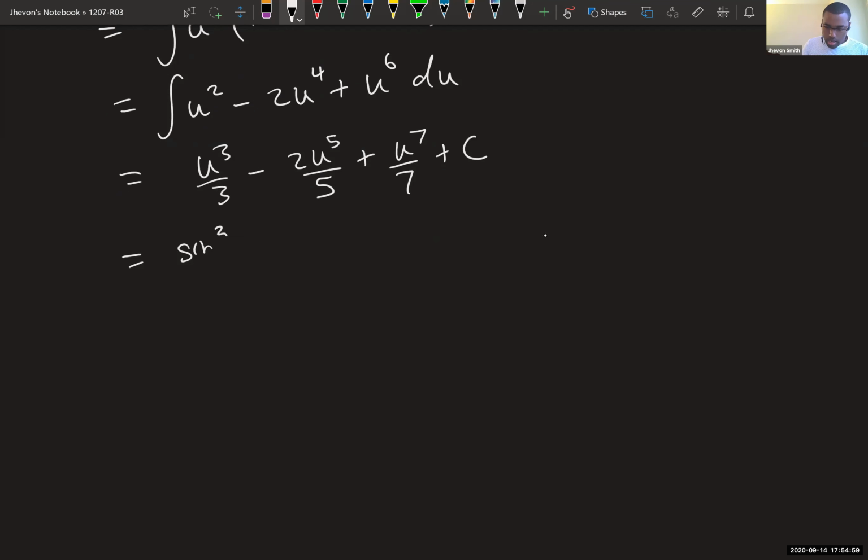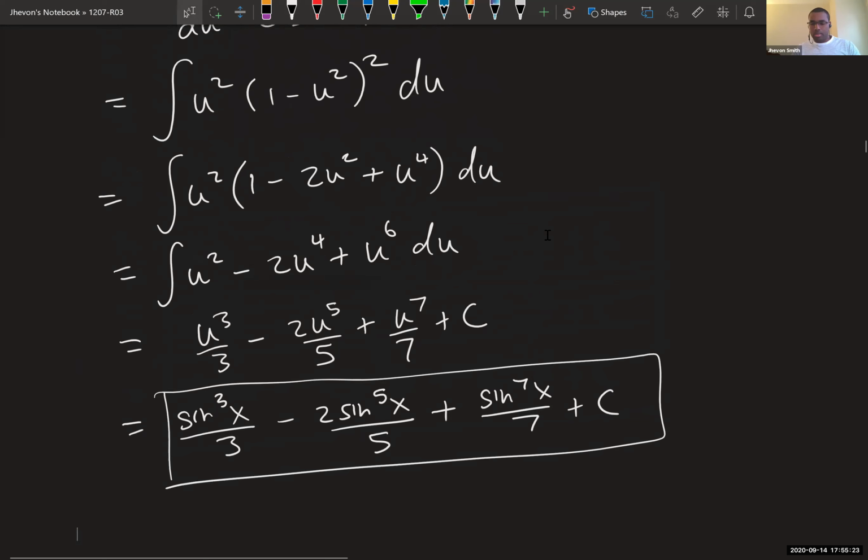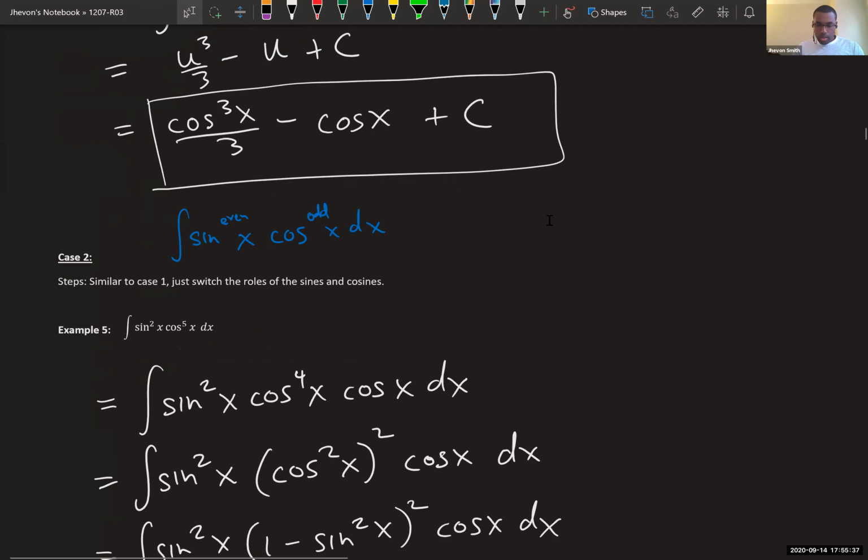So this is sine cubed x minus 2 sine to the 5th x plus sine to the 7th x. And that's the answer. Are we cool? Any questions? Okay, so that's all we need for case 2.